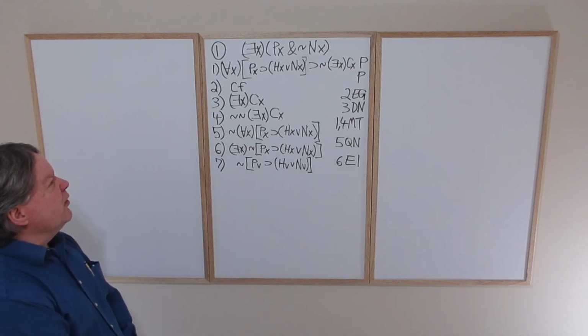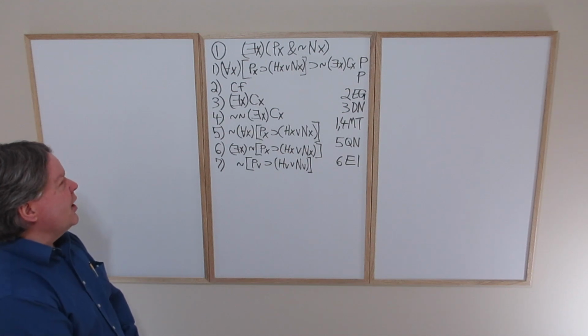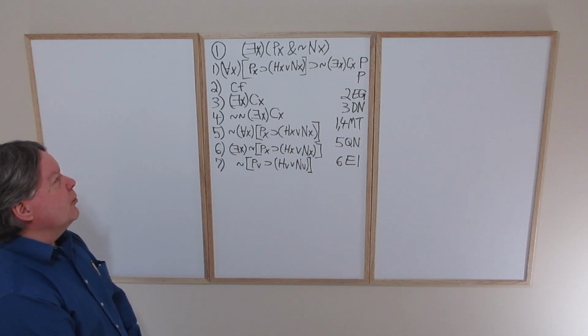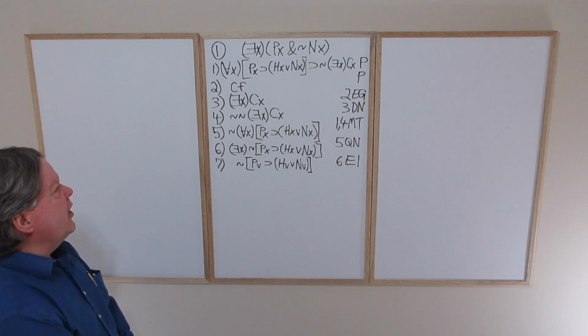Look at our conclusion. We want to end up with there's at least one X such that X is a physician and not a neurologist. So we might want to plan that out beforehand.